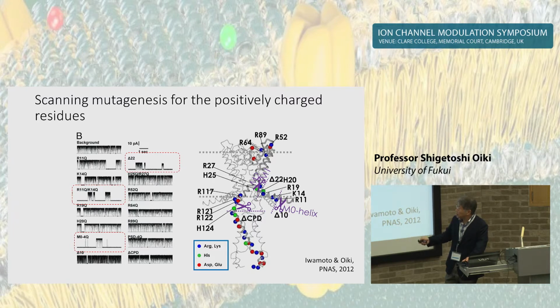By deleting or neutralizing these positively charged residues, the open probability is decreased. So the N-terminal part, which is now called the M0 helix, should interact with the head group of the negatively charged phospholipid in the inner leaflet of the membrane.